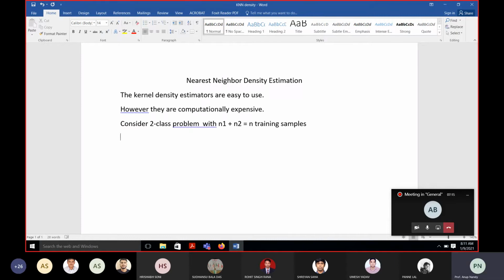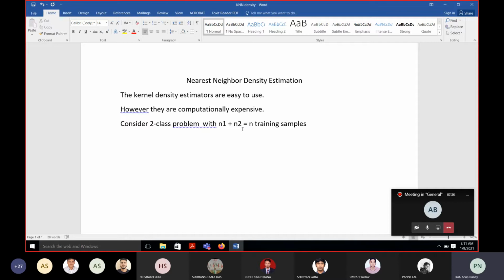It means that if you consider the two class classification problem, the N1 samples come from class 1, which is modeled by a Gaussian, and the N2 samples come from class 2, which is also modeled with a Gaussian distribution. Then both sets of samples can be considered as training samples.